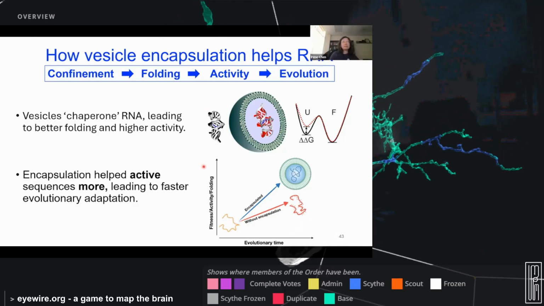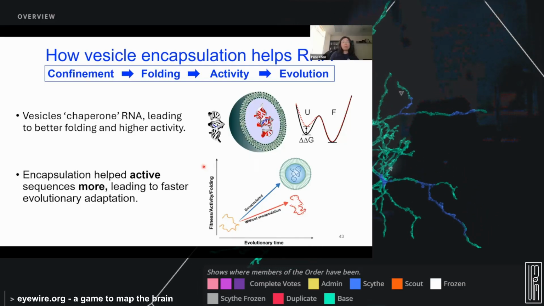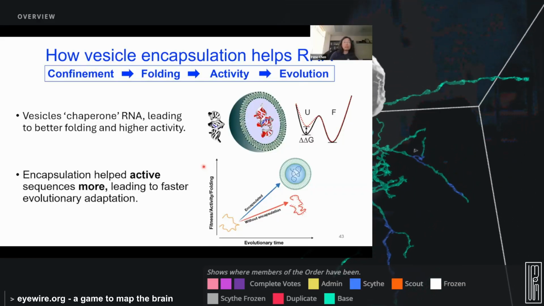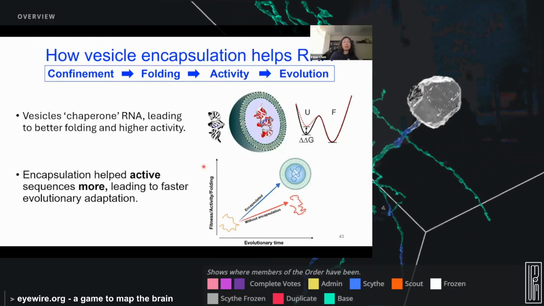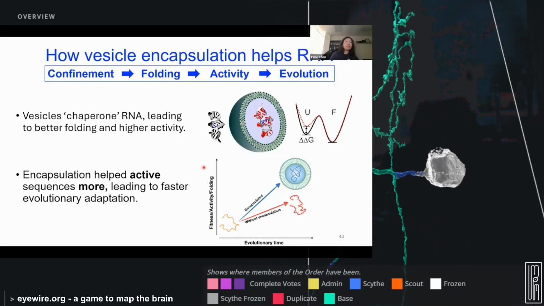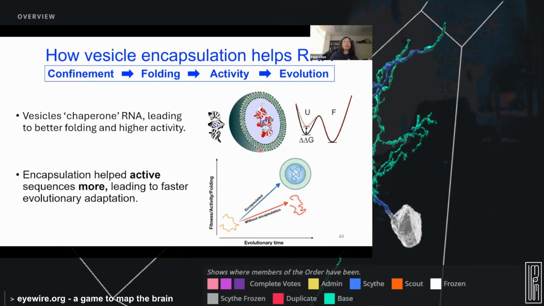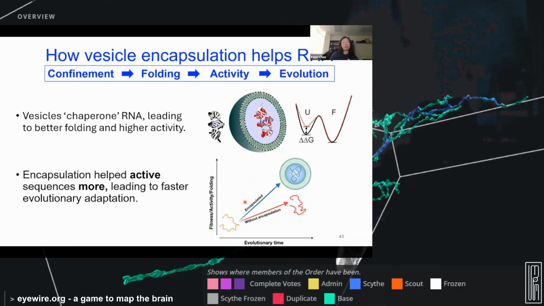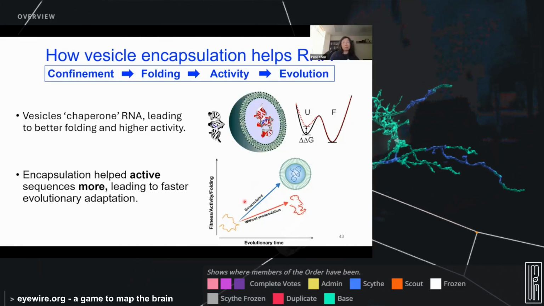And then the maybe less intuitive finding is that because there's greater variance among activities or fitnesses when you have the RNAs encapsulated, you get a greater rate of adaptation. So maybe in addition to having some absolute benefit to encapsulating your RNAs, you might also get a benefit of having your RNAs converge faster onto the fittest genotypes.